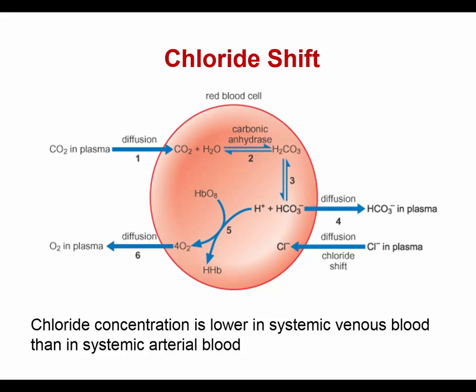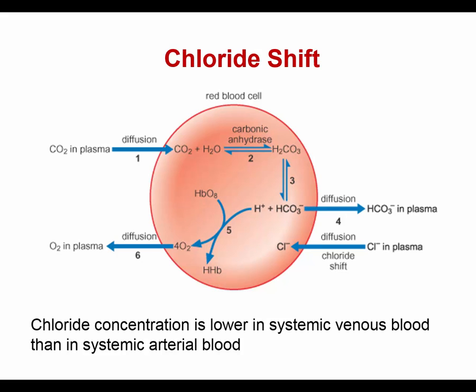Inside the red blood cell, you got this enzyme, carbonic anhydrase. It's going to start this reaction that is going to combine the CO2 with water, and give you carbonic acid. Carbonic acid is going to be dissociated into H plus and HCO3 minus. The bicarb is going to diffuse out of the red blood cell.